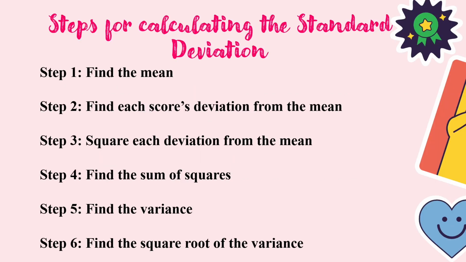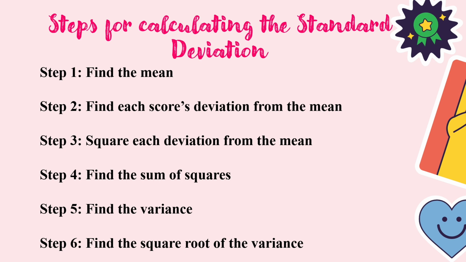To proceed, we have the steps for calculating the standard deviation. The standard deviation is usually calculated automatically by whichever software you use for statistical analysis. But you can also calculate it by hand to better understand how the formula works.